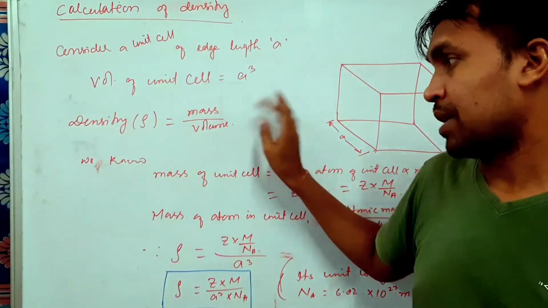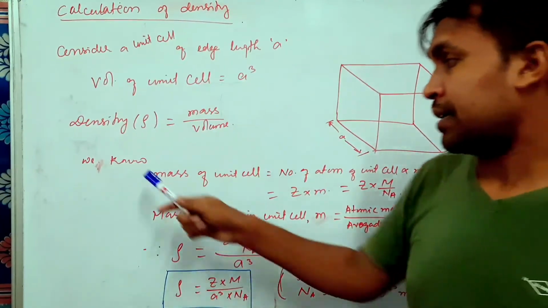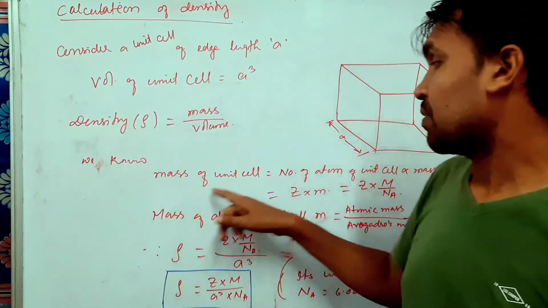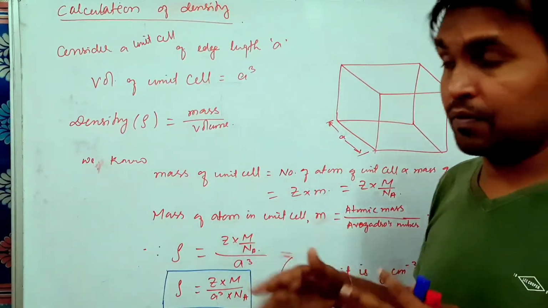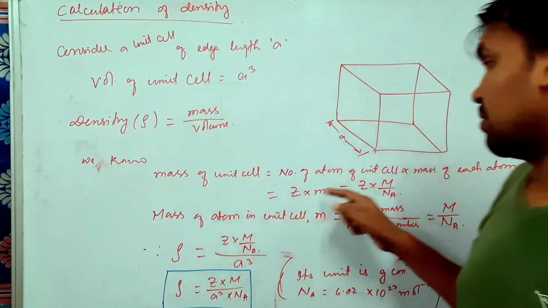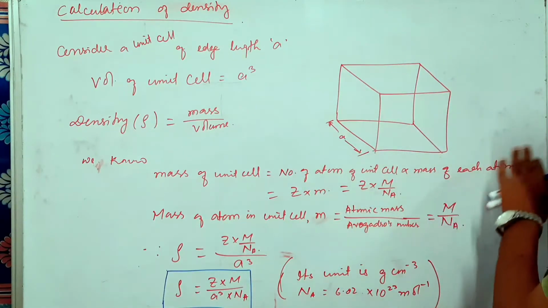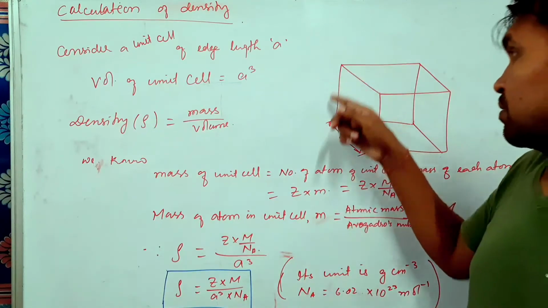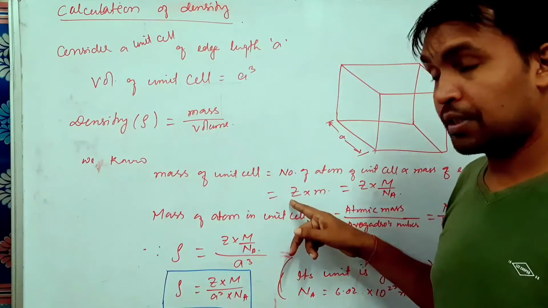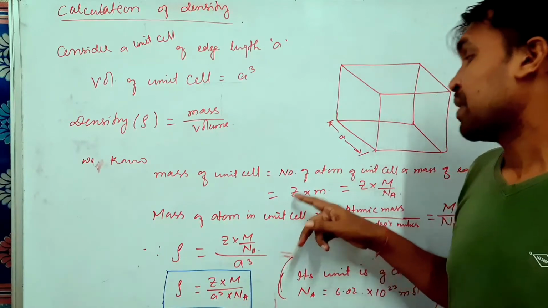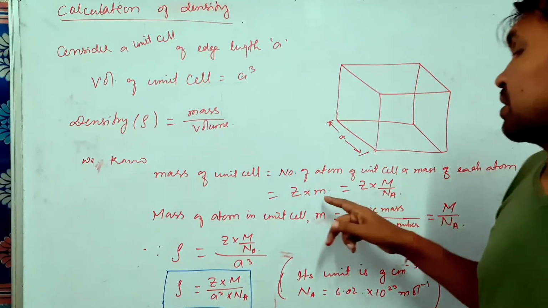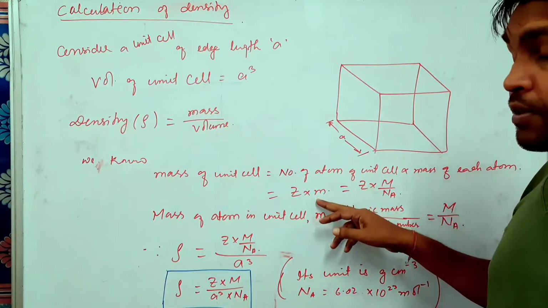So we have written mass by volume. We know the mass of a unit cell is equal to the number of atoms in the unit cell into the mass of each atom. Number of atoms in the unit cell we are considering to be Z, and the mass of each atom we are considering to be m.